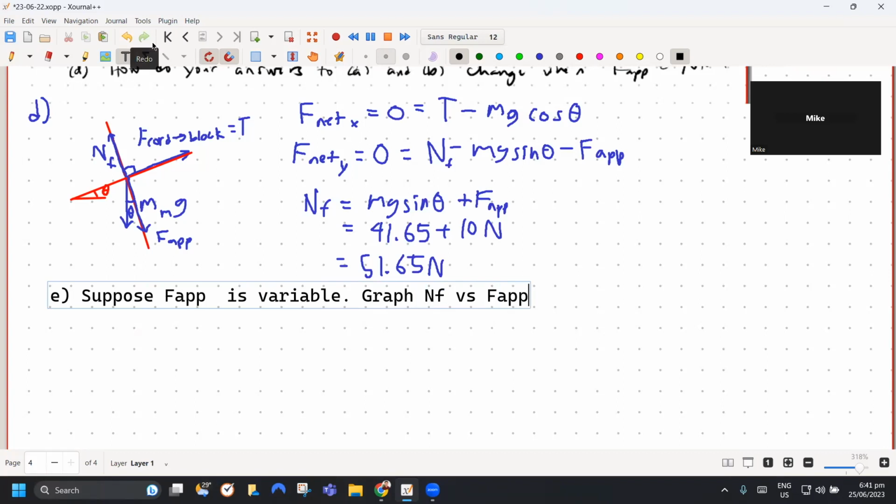So yung normal force, as a function of F applied. I think mas simple yung graph normal force as a function of F applied. So yung x-axis natin is F applied. Normal force yung magiging y. And will include negative values of F applied.